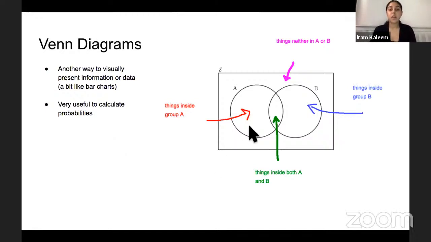So very quickly, we said that if we have a Venn diagram, 2 circles with a box outside it, it often means that each circle represents a group or a set of items or numbers. And we sort things that belong into this group in one circle, things that belong into the other group in another circle, things that belong in both go in the intersection, and things that belong in neither go in the outer space, but still inside the box.